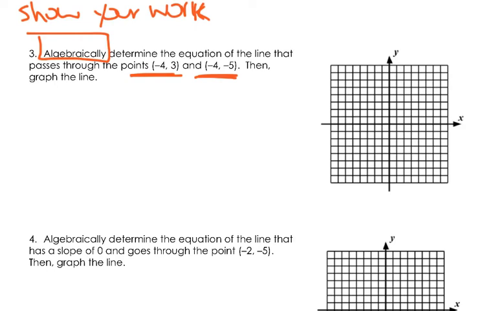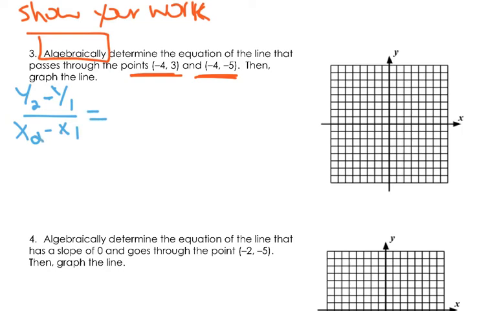So if you're looking at page 9, that's scenario number 2. Well, you could use your slope formula, y2 minus y1 over x2 minus x1, okay, to find the slope.